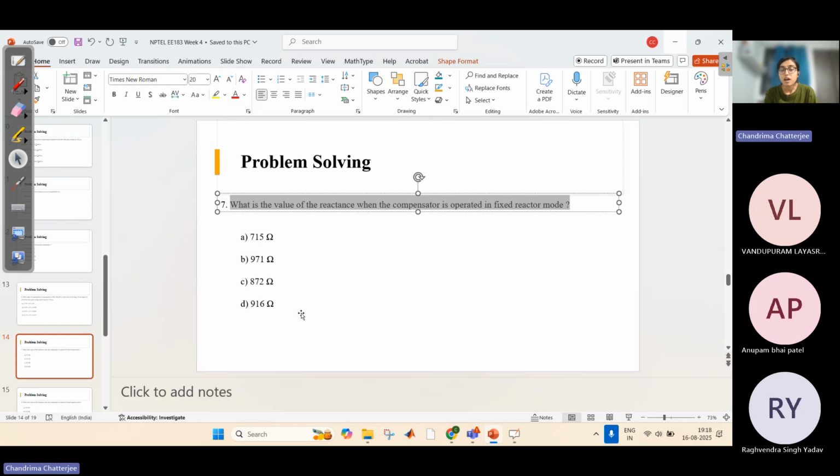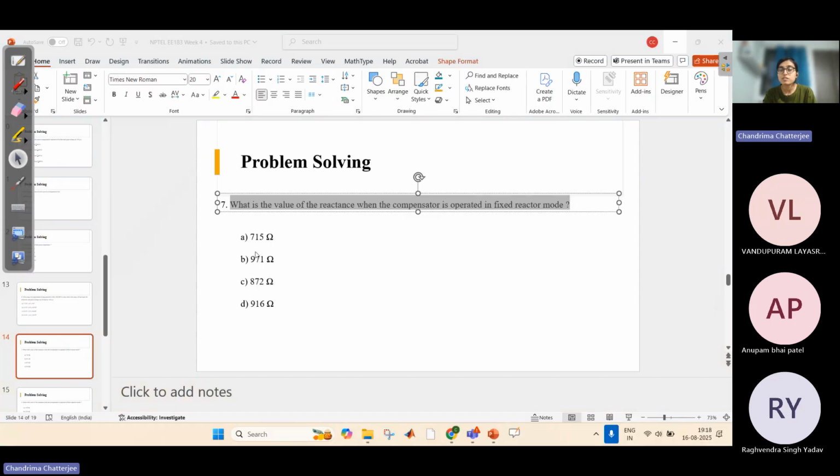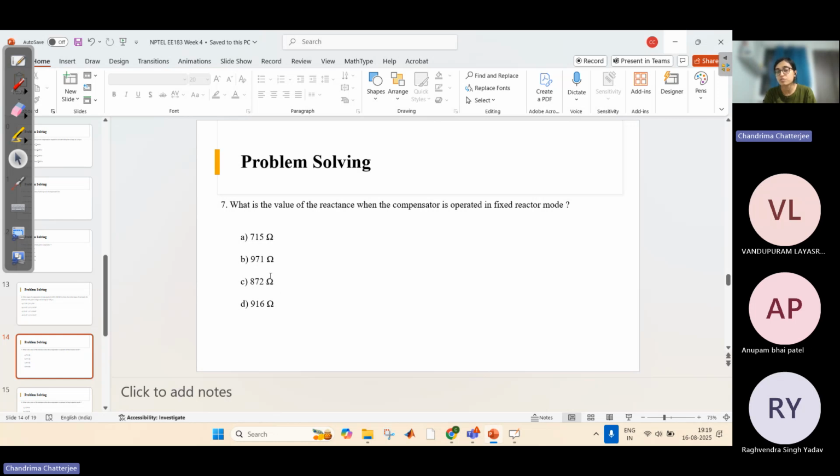How did you get 872? Because that is also in the option. Did you take some other value? Yes, ma'am. I took the QC value as 600, ma'am. Oh, okay. Just be careful, okay? Because in the exam or in the assignment, whatever you get by using some different value, that option will also be there.